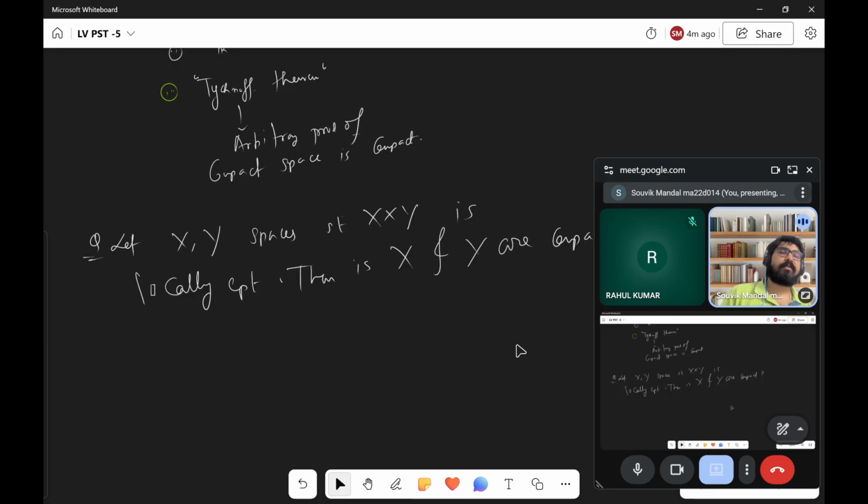The question is whether X and Y are separately locally compact, not compact. Sorry, it should be locally compact. Okay. So tell me whether X and Y are locally compact.